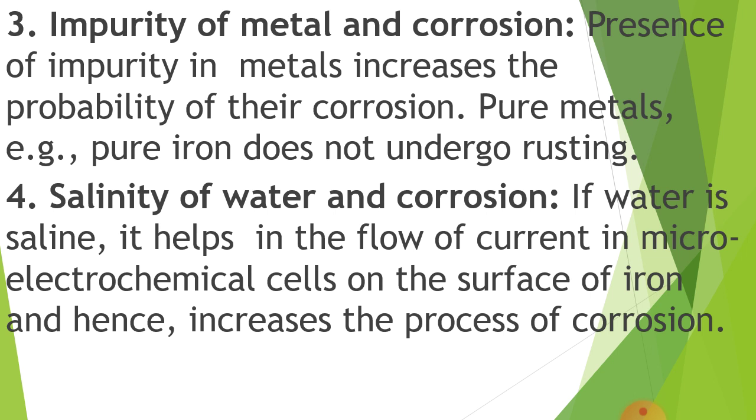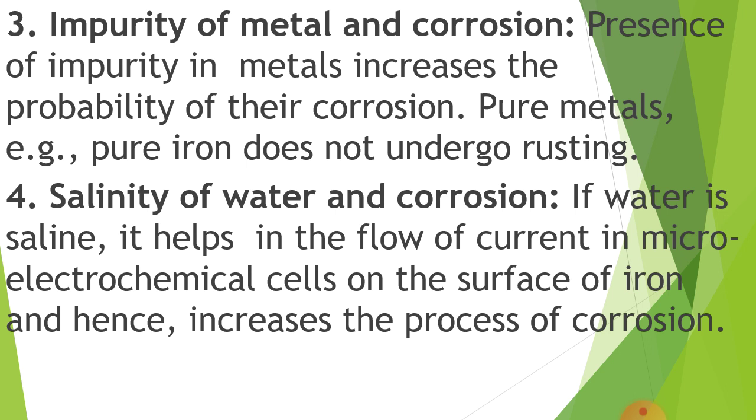Now third, impurity of metal and corrosion. Presence of impurity in the metal increases the probability of corrosion. That is, pure metal, for example pure iron, does not undergo rusting, but in impure iron rusting occurs.